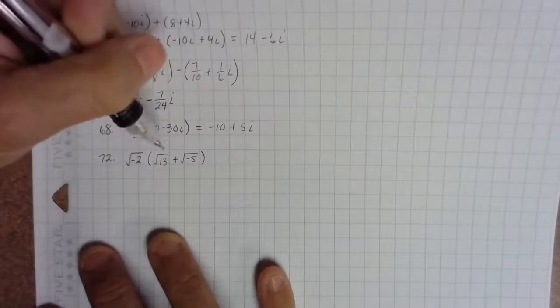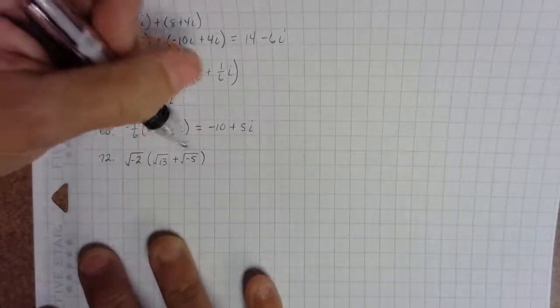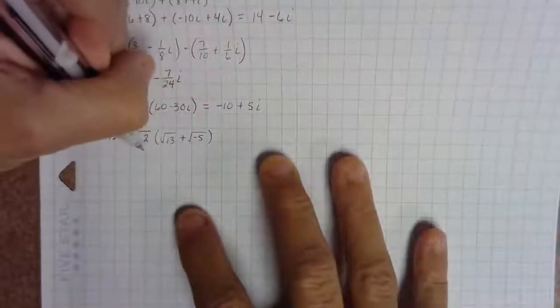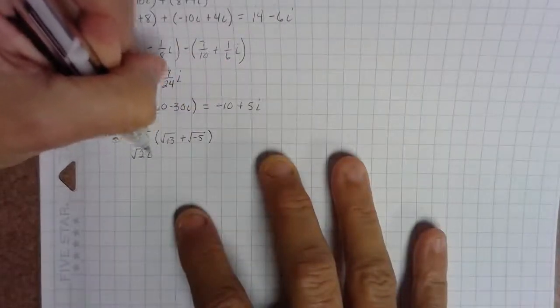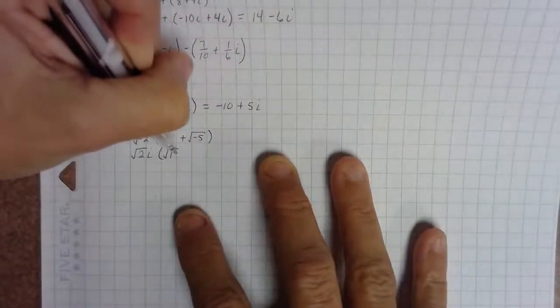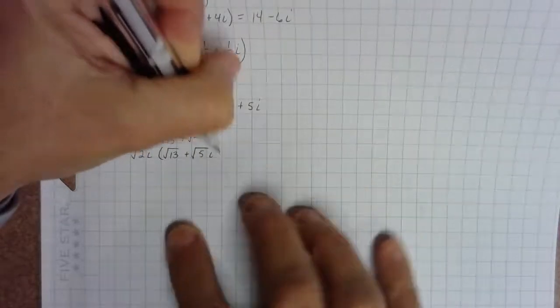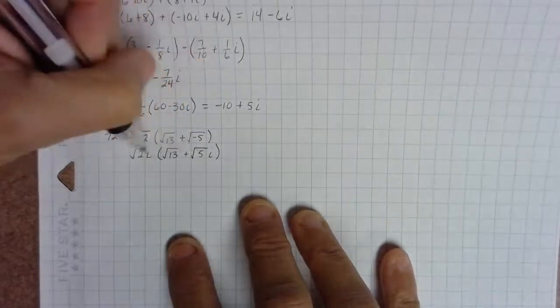So always get these into their i form before you do anything to them. And then you can follow your real number property right there. But pull the i out first. So this is going to be square root of 2i times square root of 13 plus square root of 5i. Now distribute. We've got the square root of 10.